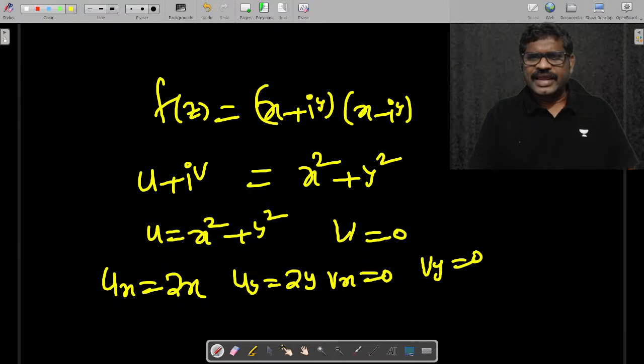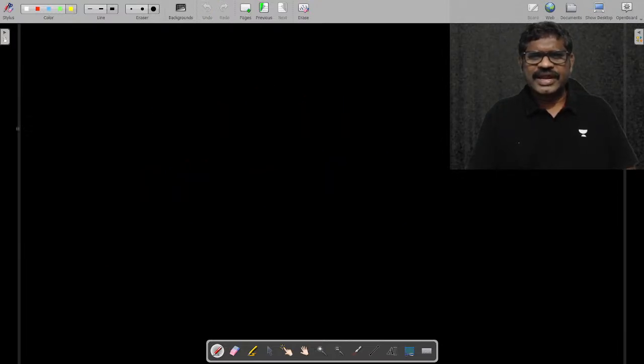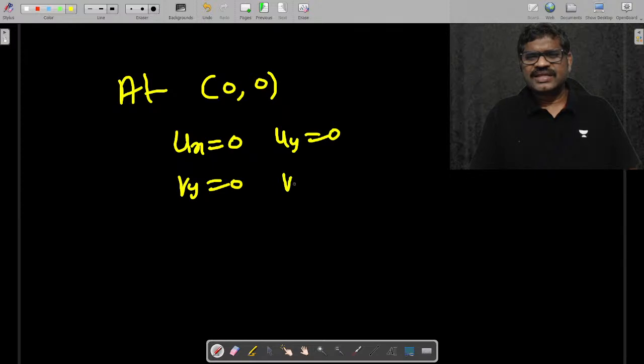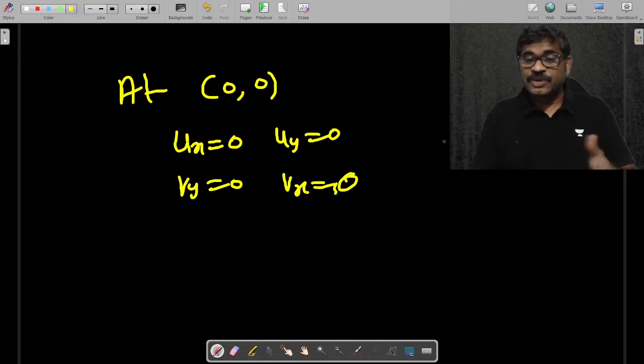Now at 0 comma 0, the CR equations are satisfied, but in the neighborhood the CR equations are not satisfied. So the function satisfies the conditions of the Cauchy-Riemann theorem at the point 0 comma 0 but not in its neighborhood.